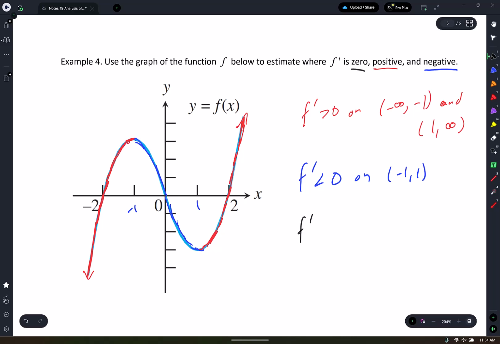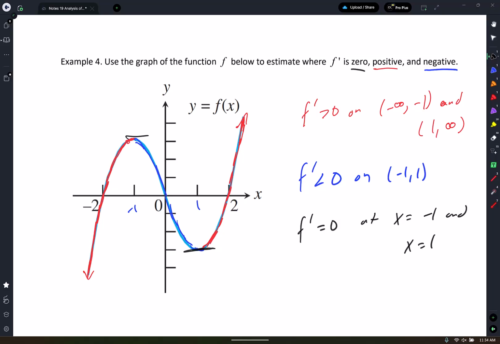And f prime is 0 at, because it's not an interval, at negative 1 and 1. They didn't ask where it was increasing or decreasing. They just want to know where f prime is positive. So you're positive until you reach negative 1, but not at negative 1, because at negative 1, f prime is 0. You know what I mean?